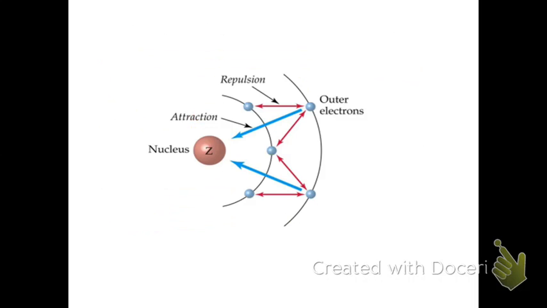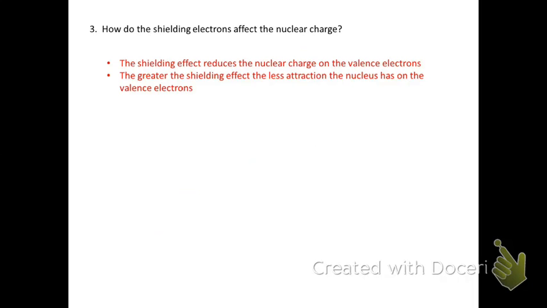So why is this important? Actually, we'll come back to this. So why is the shielding effect important? How does that affect the nuclear charge? Well, I wrote down 3 points here that you should put in your notes. First of all, the shielding effect reduces the nuclear charge, because those inner electrons act as a shield, the nucleus cannot reach out as strongly to those valence electrons and attract them.